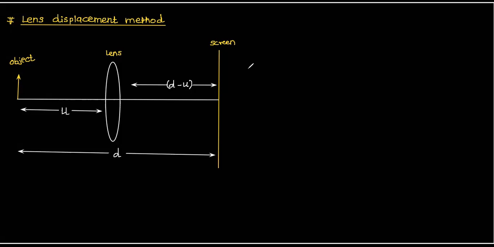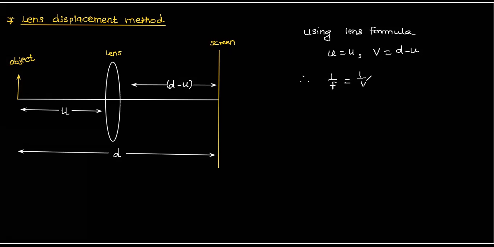Then, using the lens formula, here u is equal to u and v is equal to d minus u. So therefore 1 by f is equal to 1 by v minus 1 by u.